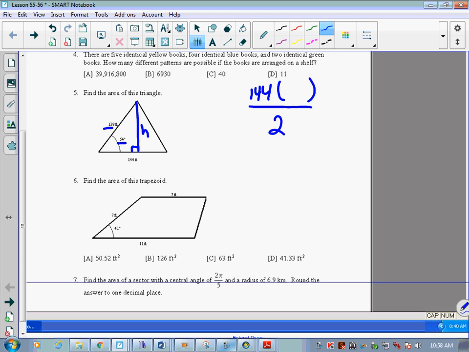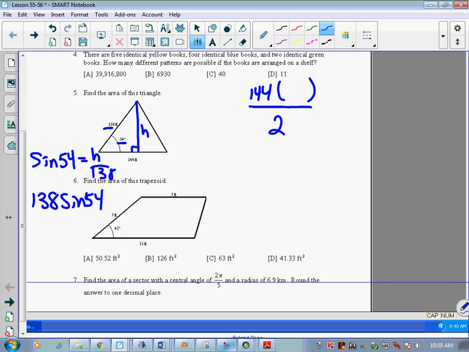So h represents the side opposite 54, and 138 represents the hypotenuse of that triangle, correct? So we're going to do sine 54 equals h over 138, right? So we're going to do 138 sine 54, correct?